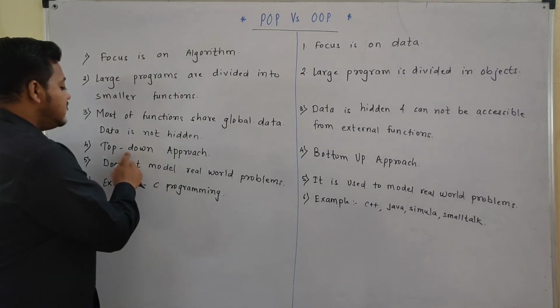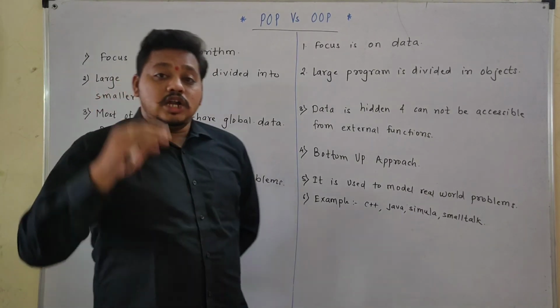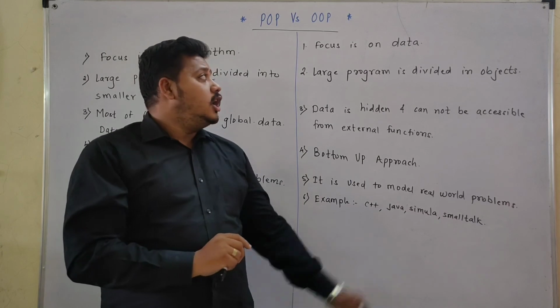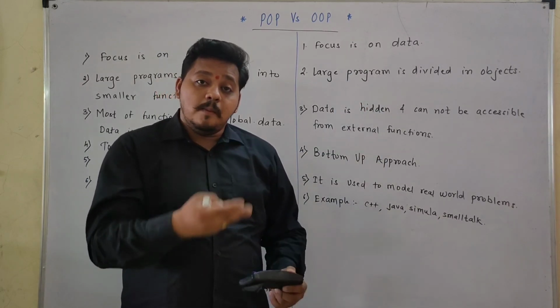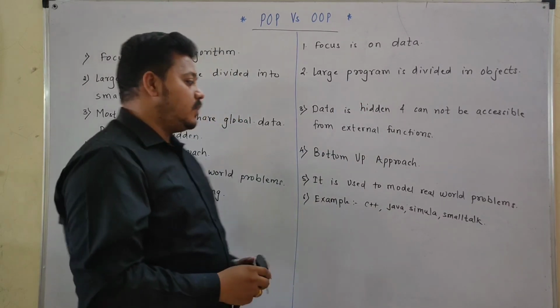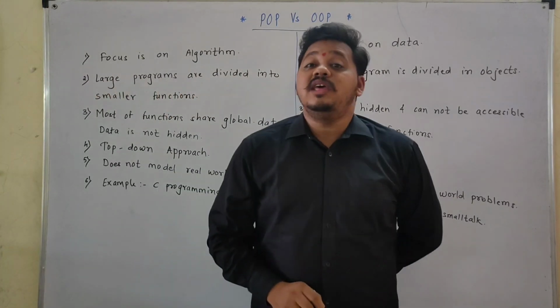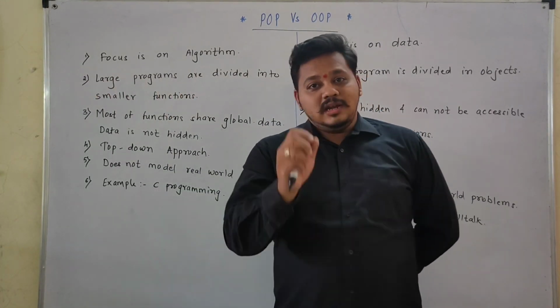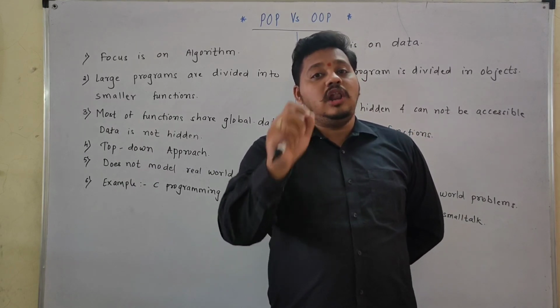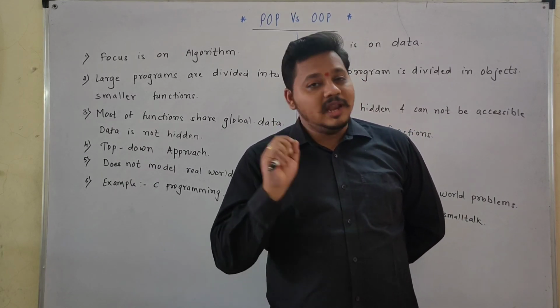Then the fourth difference is that POP uses the top-down approach and in object-oriented programming the bottom-up approach is used. The next difference is that POP does not model real-world problems very well; it does not solve real-world problems properly.